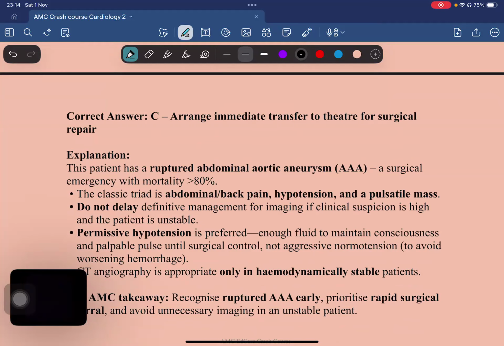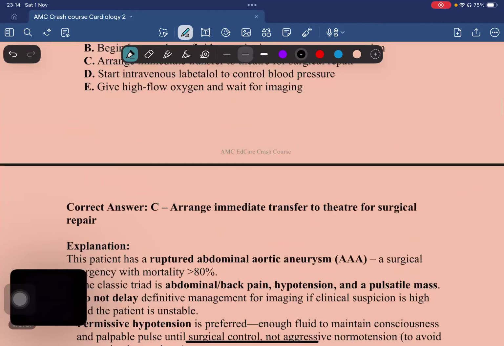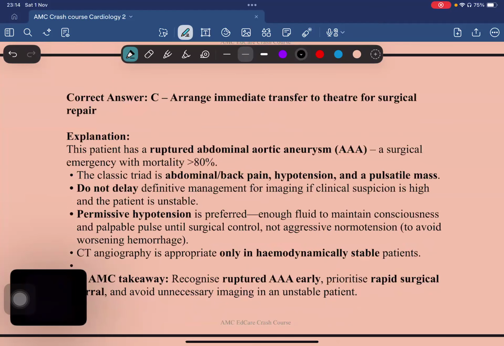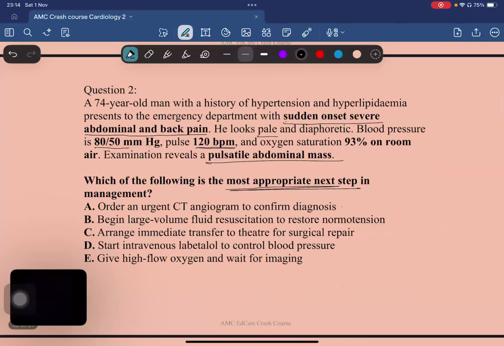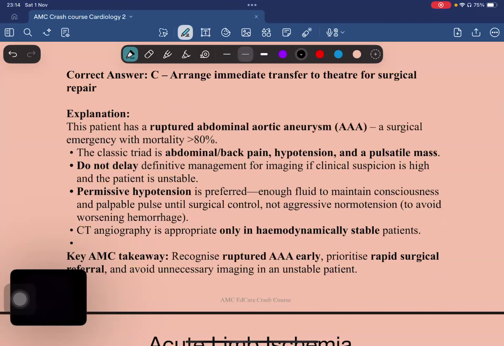So I don't think we should be sending this patient for any imaging or anything else to confirm the diagnosis. I think this patient has to be undergoing surgery immediately. This is a direct surgical indication. So you shouldn't be delaying management with imaging and all that without going for surgery.